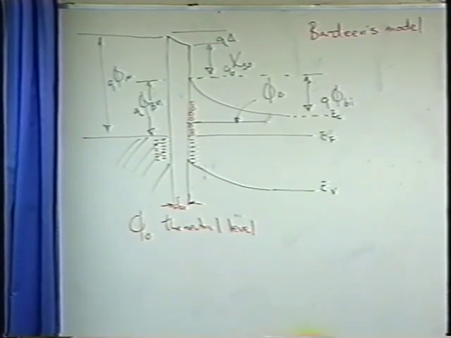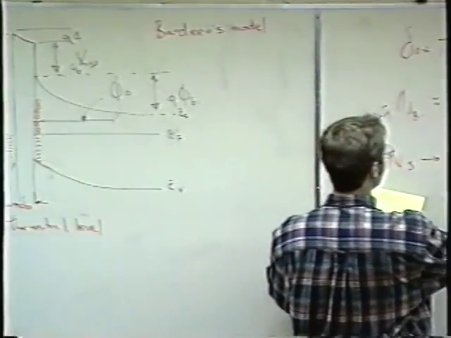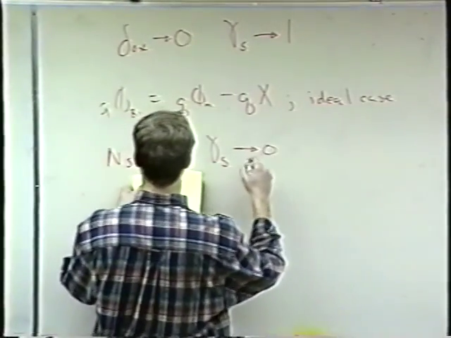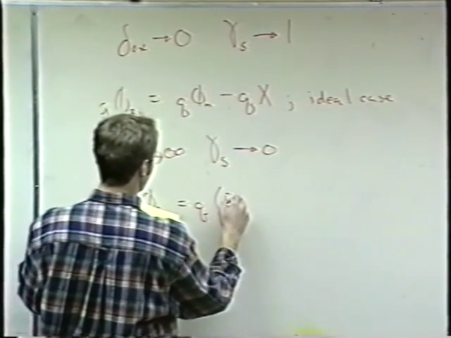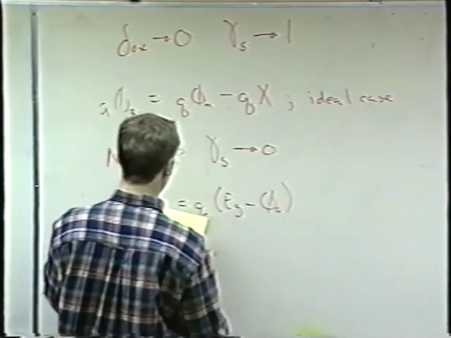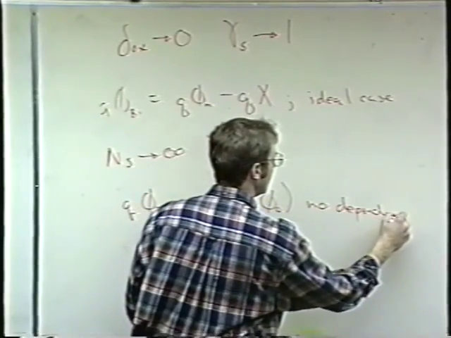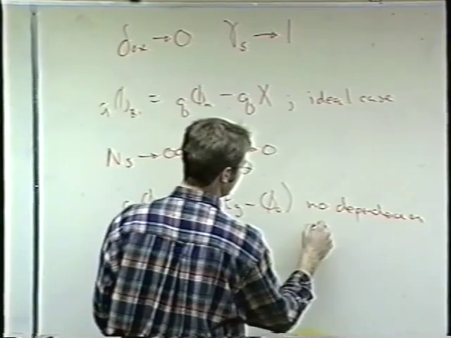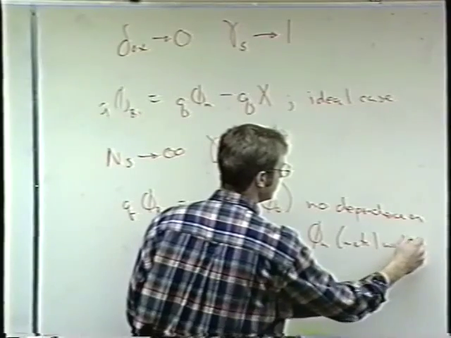Oh, what did I just erase? Fermi level pinning. All right, hold on a second right here. Remember, surface states go to infinity. Gamma S goes to 0. So q phi Bn goes to q times band gap over q minus neutral level. No dependence on the metal work function.